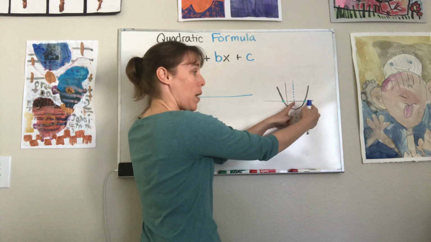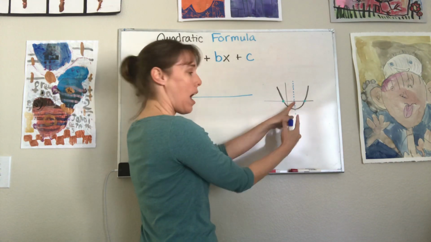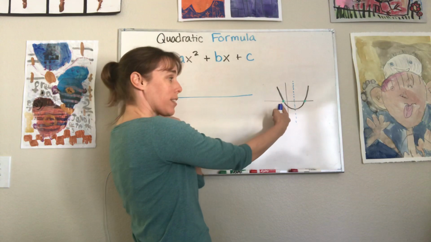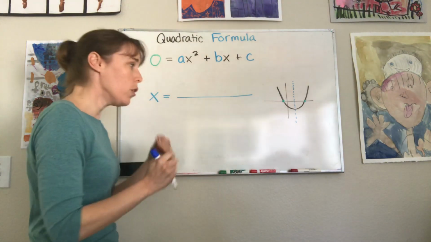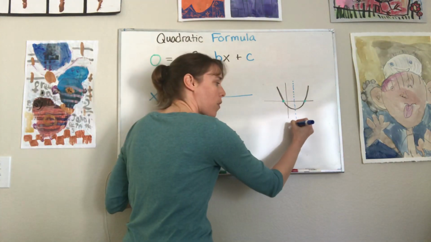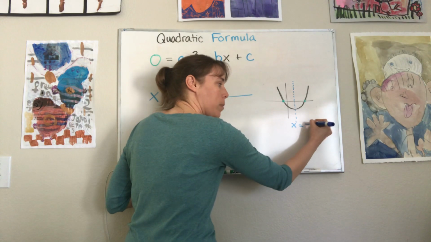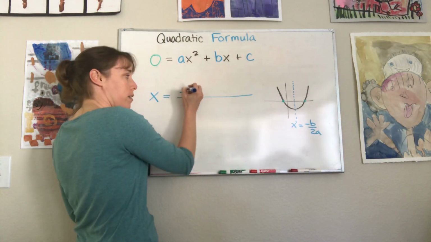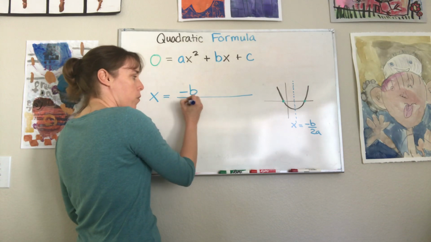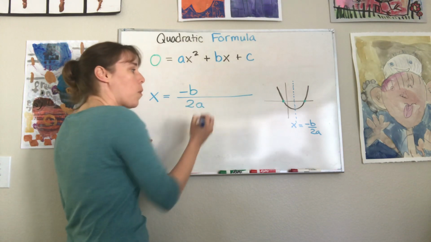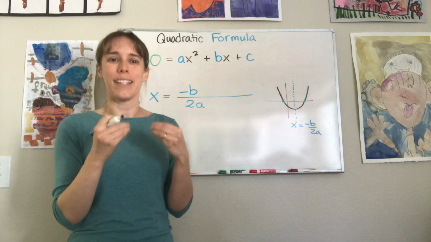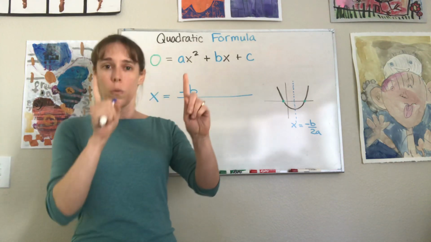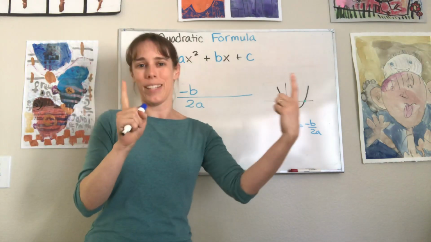For one, you add a little bit to get there, and for the other, you subtract a little bit to get there. So the axis of symmetry was always negative b over 2a. Well, that's going to show up in our formula, negative b over 2a. But we're also going to add and subtract a little bit to get to the one on this side and the other on this side.